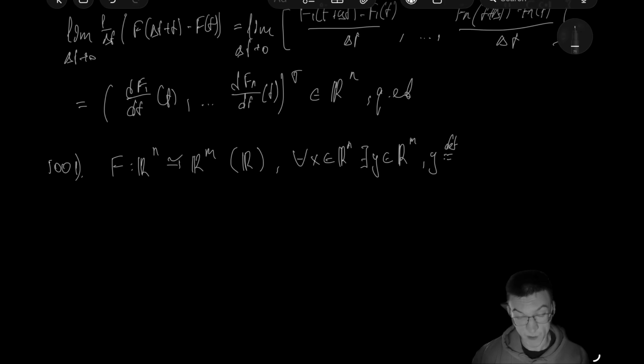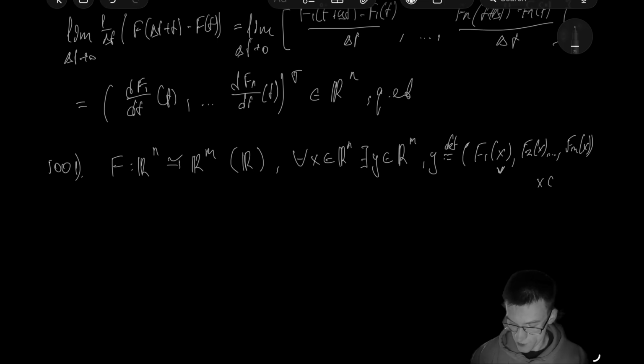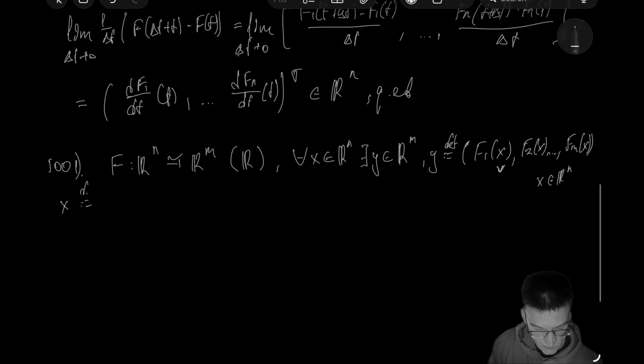By definition, it is a vector which has m components: f1 of x, f2 of x, until fm of x, where x belongs to Rn. Vector x can be represented by definition as the vector of components x1, x2, until xn, which belongs to the hyperspace Rn.